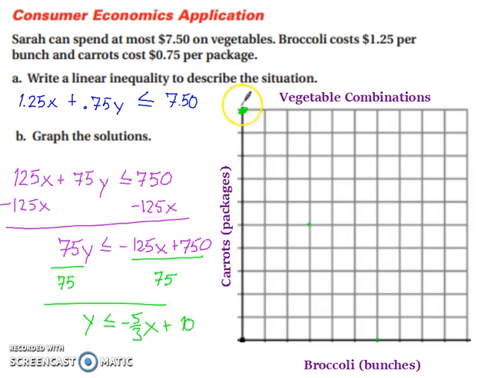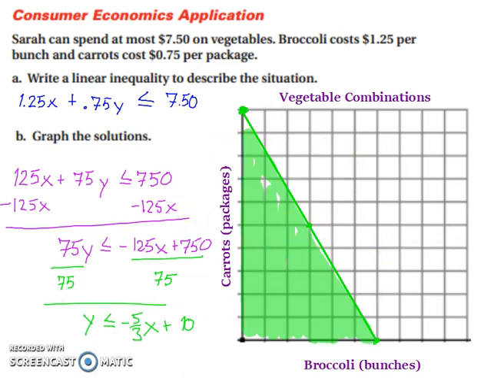So we start at 10, and then we go down 5 over 3, down 5 over 3, and now we draw our line. It's going to be a solid line, and then we're going to shade below. So there's your graph.